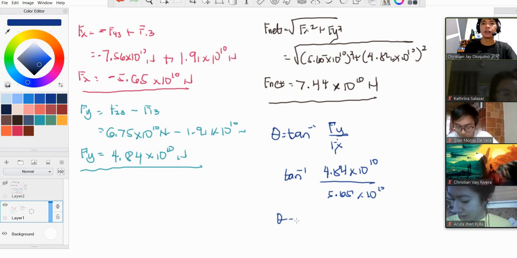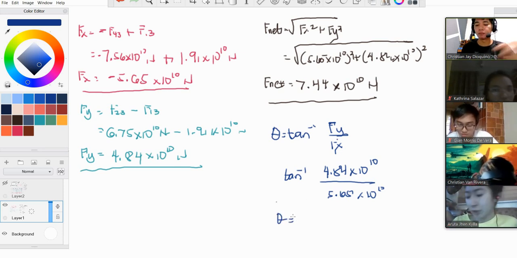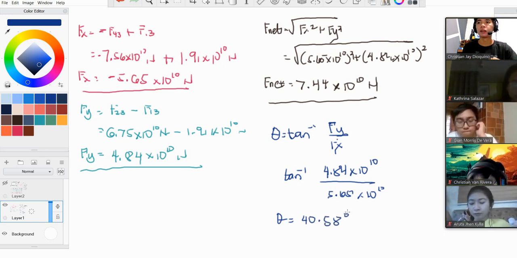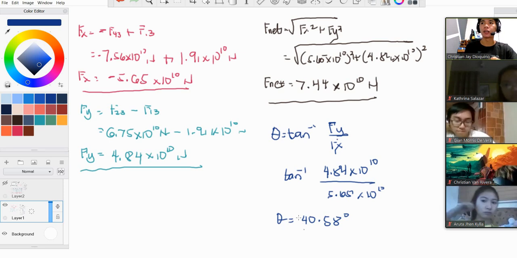So our angle is 40.58. 40.58, correct. 40, not 14.